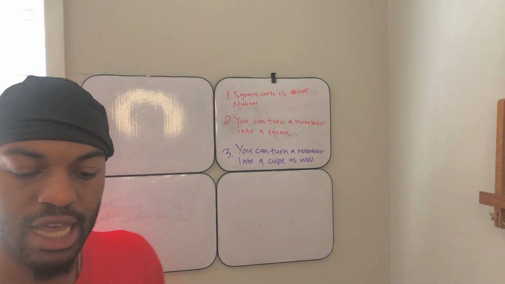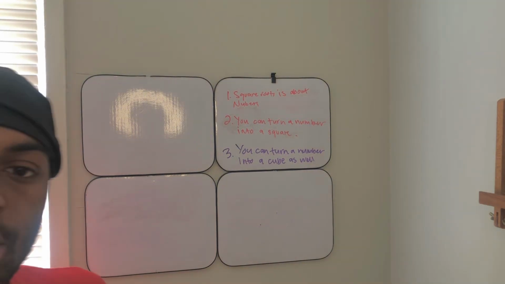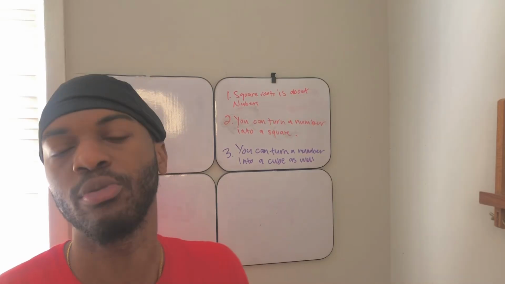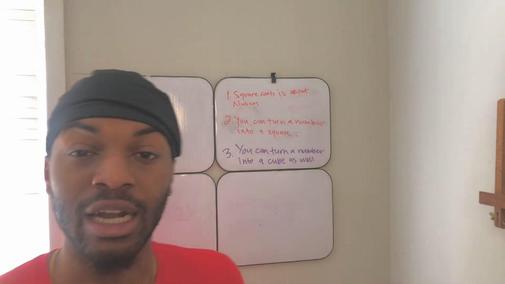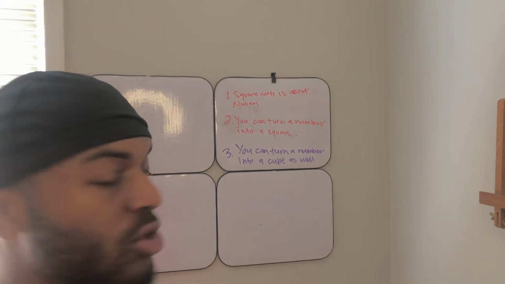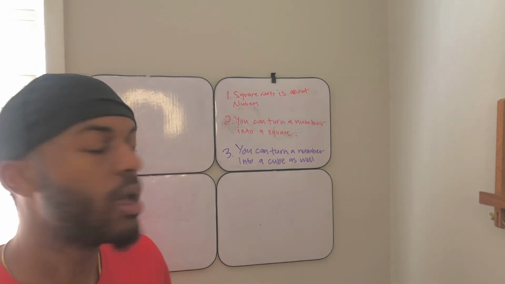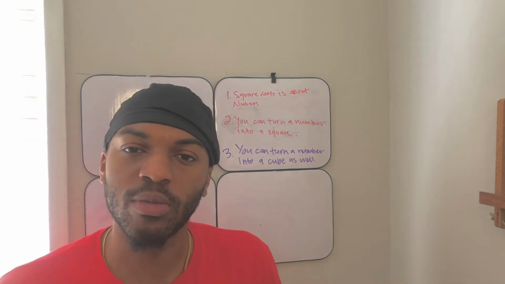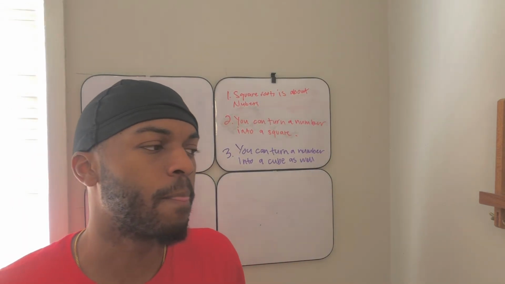That's the third thing that I need you to just know. I'm not saying memorize this, but understand the principle. Don't memorize anything I ever tell you. That's what I tell a lot of my students that I tutor. It's not about memorization. But you can turn a number into a cube as well, so you need to know that.